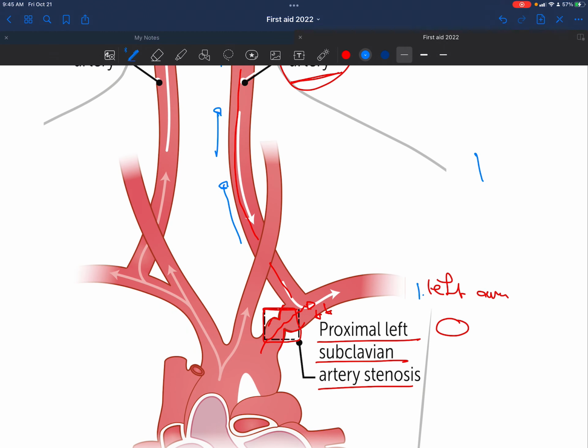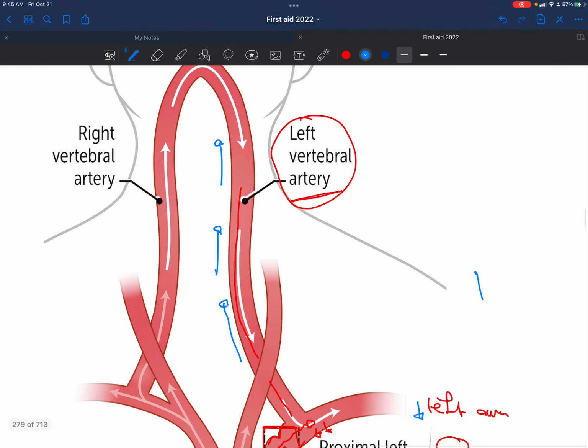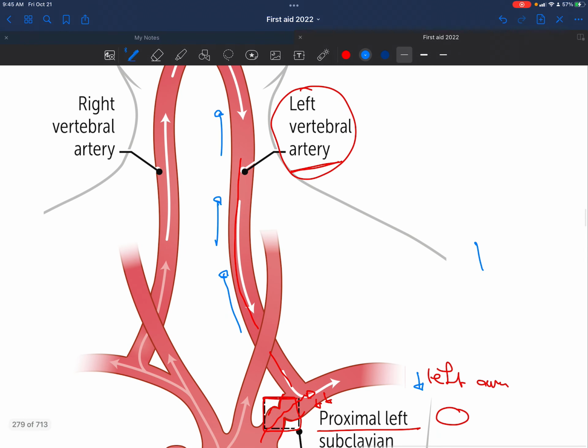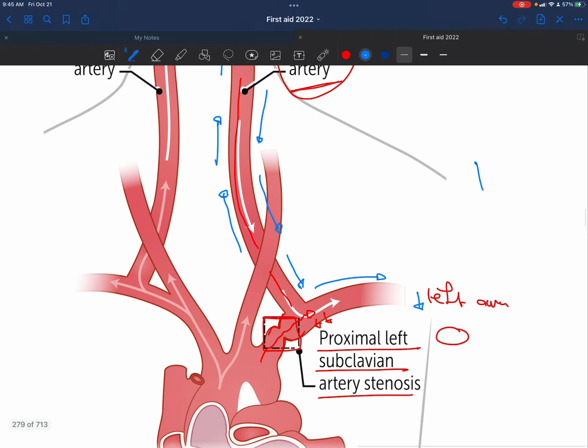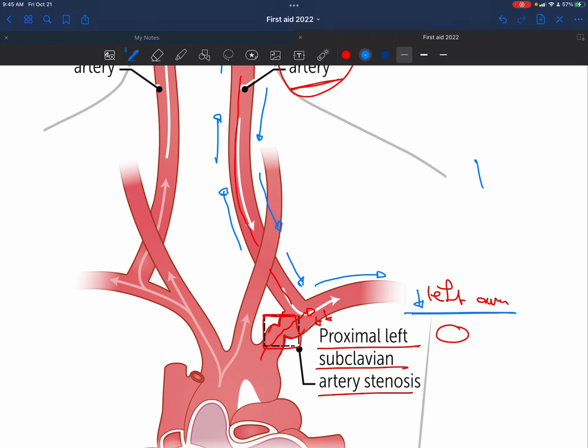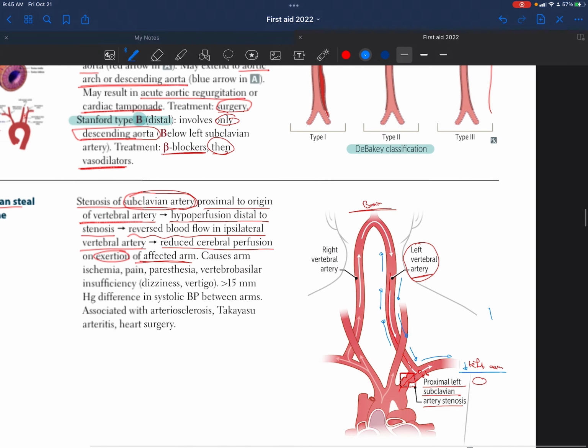But in our case, because we have a stenosis here and reduced left arm blood supply, the vertebral artery would go the other way. So it should start moving the blood, the flow goes in the wrong direction, and that is in order just to solve the problem and help supply the left arm.